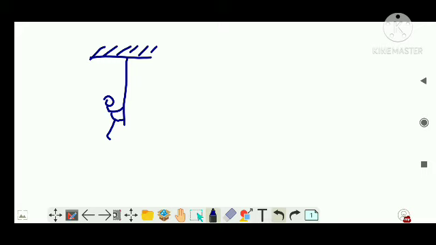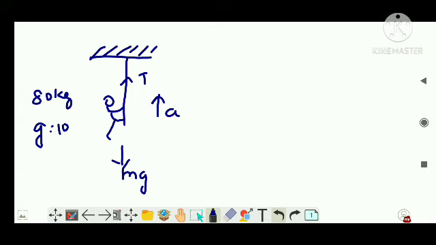There is a question like this, not the exact numbers. Let's say the monkey is of 80 kilogram, g is 10 meter per second square, and the monkey wants to go up with some acceleration. So tension will be generated, obviously, just like the previous case, and mg will be there.